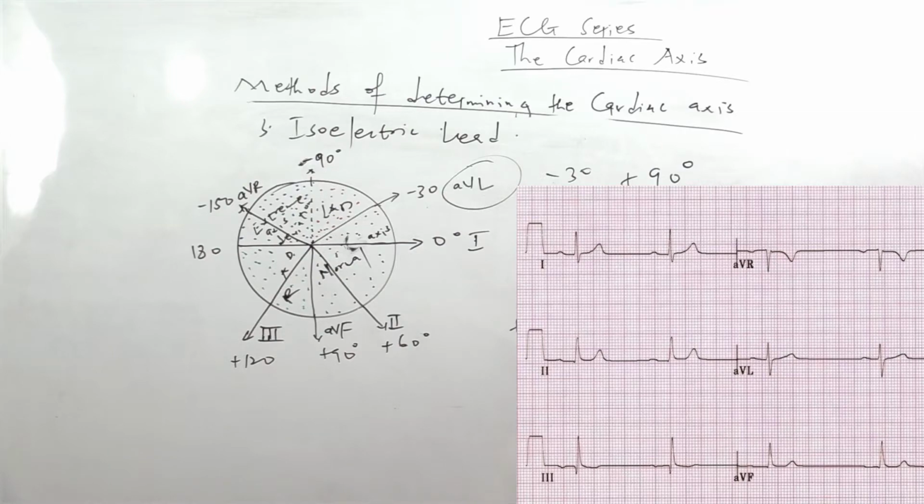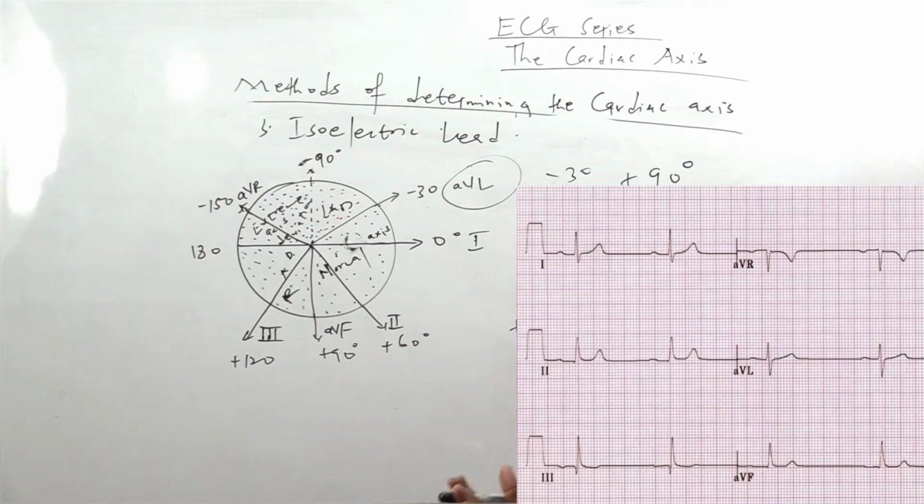It's plus 90 degrees. So it tells you that those leads I mentioned on the ECG graph are having positive QRS complexes, and we should know that the axis will be lying between 0 and plus 90 degrees.